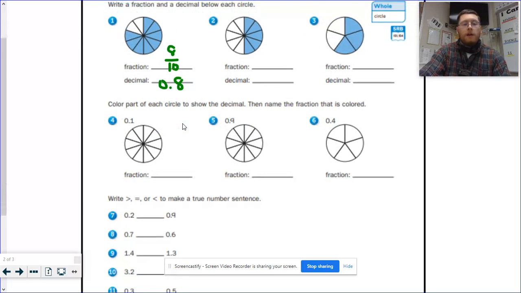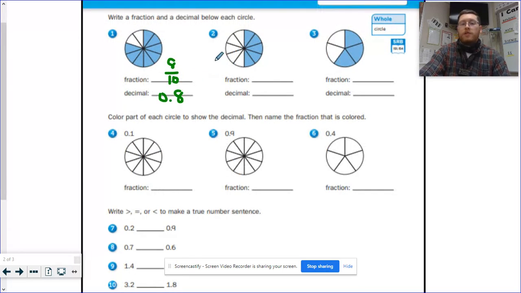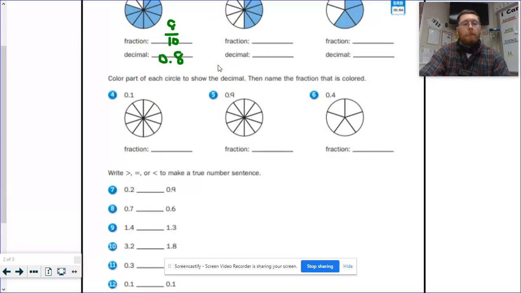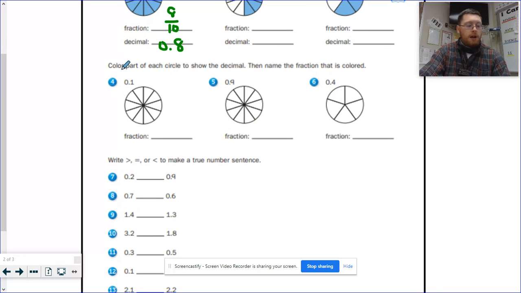Then you just need to complete numbers 2 and 3. Number 4, we need to color part of each circle to show the decimal. Then name the fraction that is colored. So this one gave us the decimal. We have to come up with the fraction and color it into the circle. Well, this is 1/10. So that's 1 out of 10 possible pieces. See how this is broken into tenths?